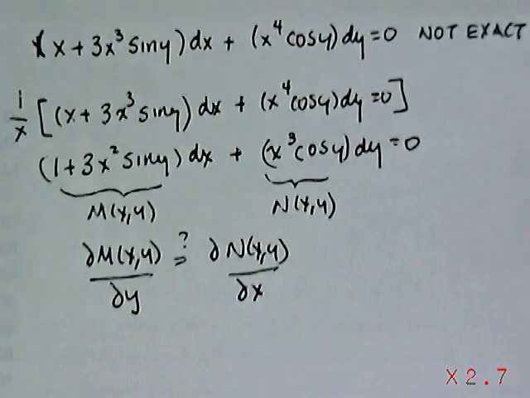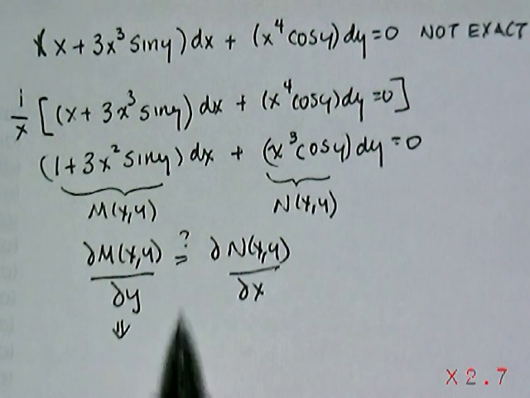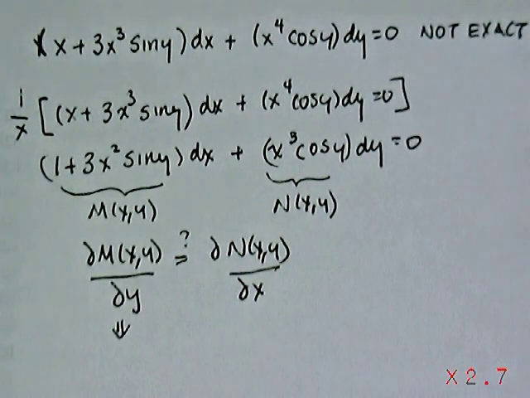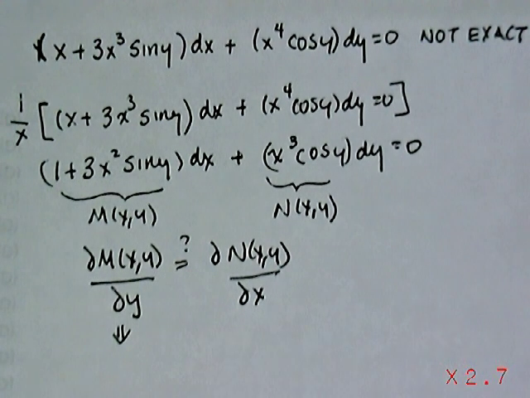Let's just do those very quickly right here. Take the partial derivative with respect to y. That means take the derivative with respect to y and hold all x terms constant.